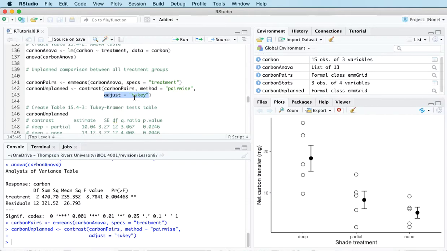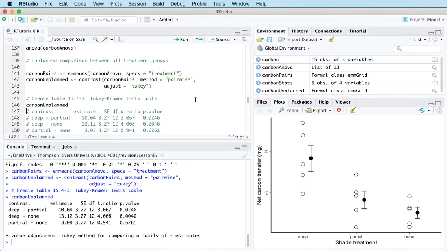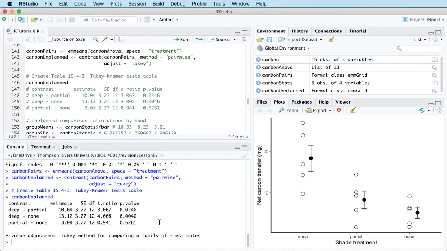And because we're doing Tukey-Kramer, we use Tukey in here for the adjust method. And then if we just look at the output for that, there's a lot going on here. So let me walk us through this in a little more detail.